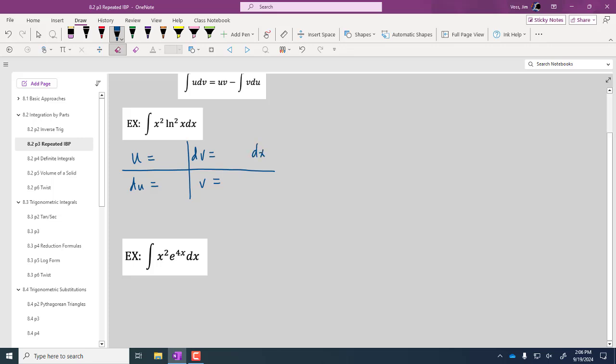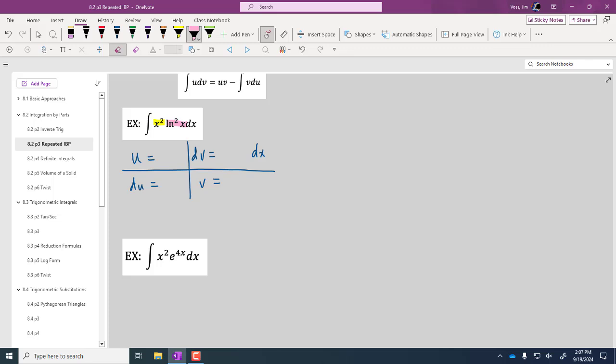And we need to now split. I'm seeing this as 2 functions: natural log quantity squared and x squared. And once again, the natural log squared of x, also you could call it natural log of x quantity squared, same thing, is not easily integrable.